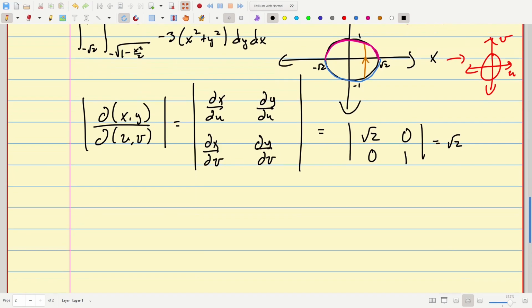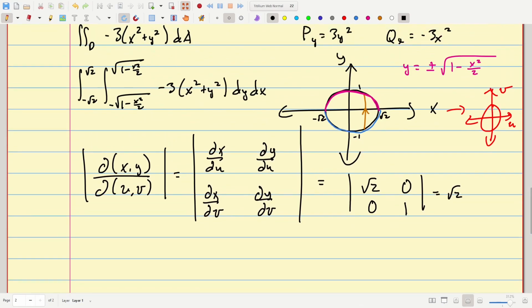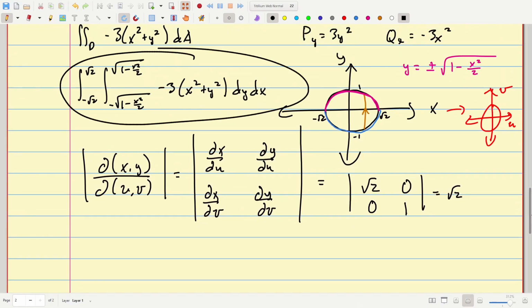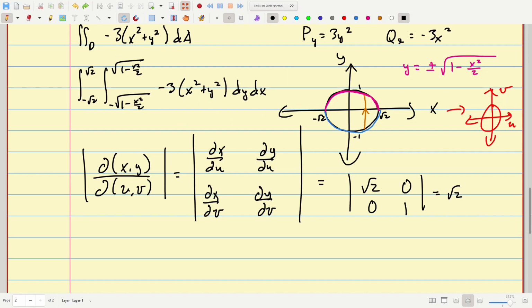Okay? So when I make this coordinate change, this type of integral, I substitute in my variables for x and y, and now I'm integrating over this disk. But I need to have the Jacobian for that coordinate transformation. So it looks like this now.